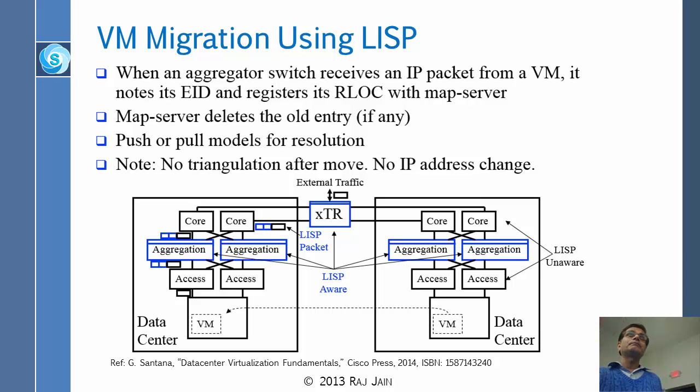That is called pull. You're pulling the information. Push is when the resolver sends you a big table, says look, here is the information right now. This is where everybody is. And that could be done generally when the routers come up. When the XTR comes up, the resolver sends its whole bundle of information. That is the push.